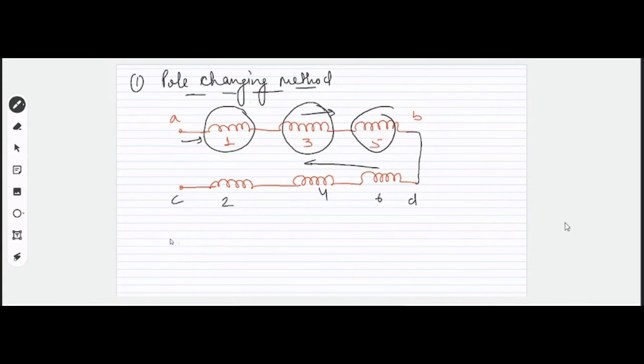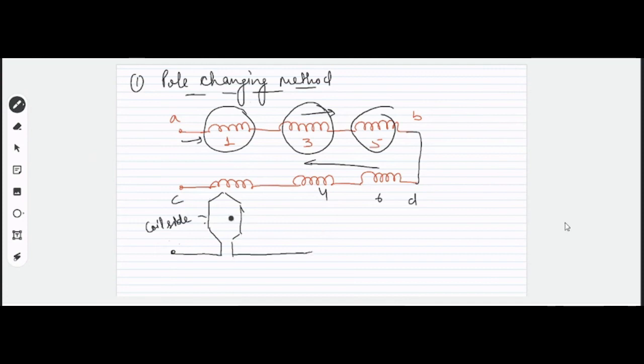So in the AB group we have three coils, and coil means two coil sides, right? For a coil they have two coil sides. This is coil side 1, this is coil side 2. Hopefully you remember this word coil side, right?